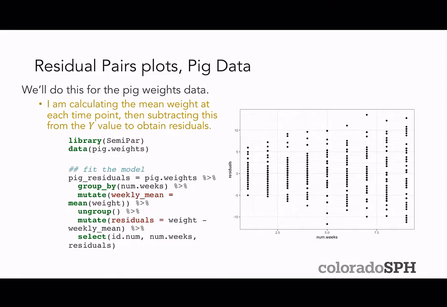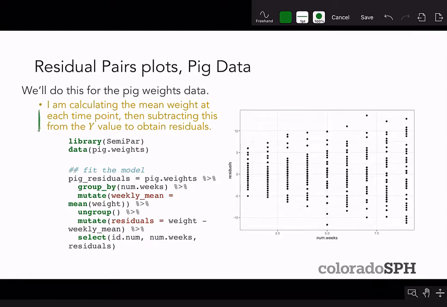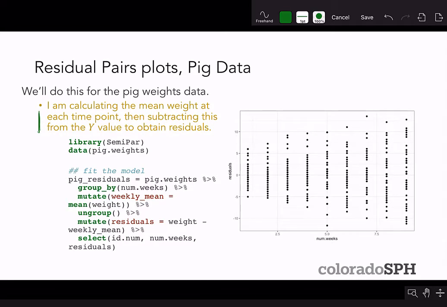So I'll do this for the pig weights data. Here, first I'm calculating the mean weight at each time point and subtracting this from the weight value to obtain residuals. So first I load the semipar library so I can load the pig weights data.